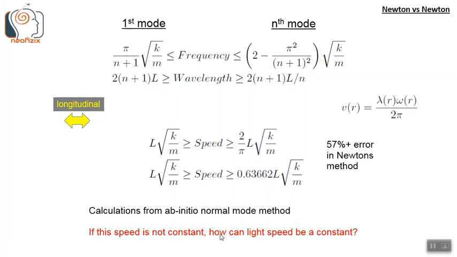So in such a case, using this equation to claim constancy of the speed of light is highly dubious. Basically, Maxwell used this equation. This is the main theoretical equation used to derive the constancy of the speed of light. If this equation itself is wrong, if we cannot use this wave equation, then how can we claim the constancy of the speed of light?